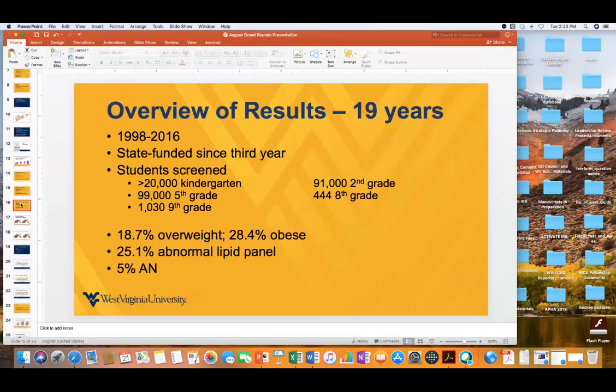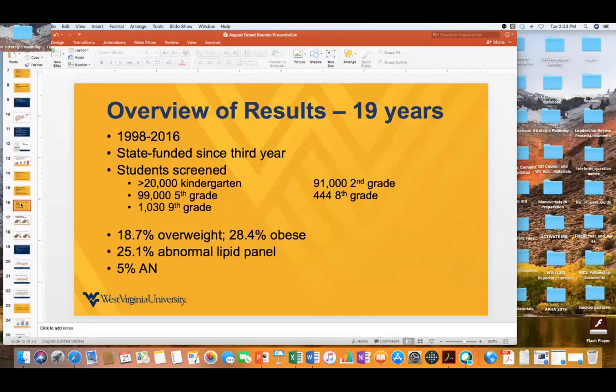In terms of the overall stats, 18.7% of our kids were overweight. So that's over the 19 years. Of course, that increased, but overall, an average. 28.4% were obese. So if you combine that, about 46%, a lot of our children are either overweight or obese on average.